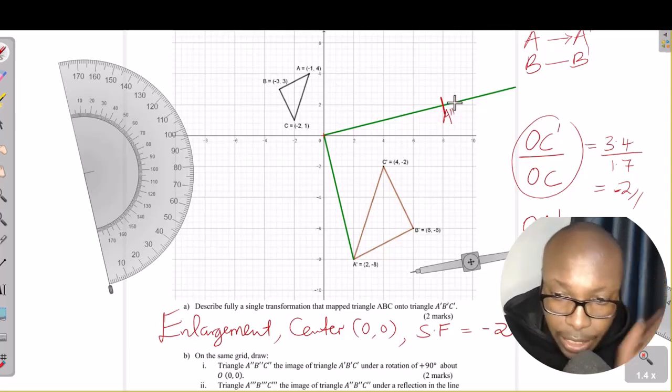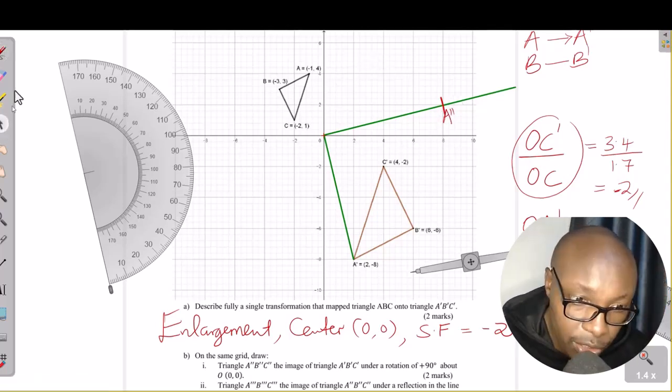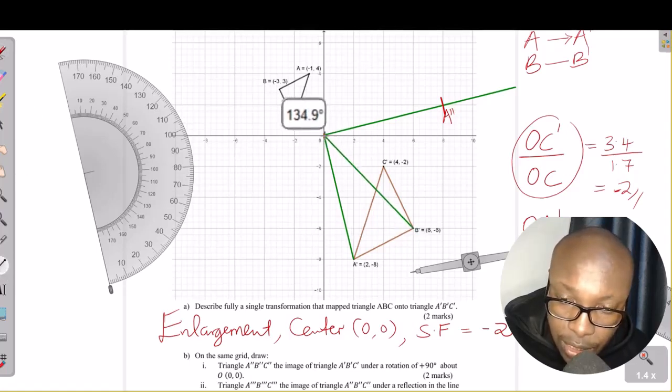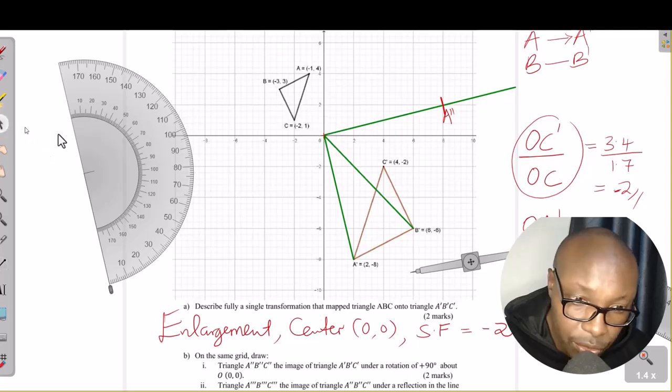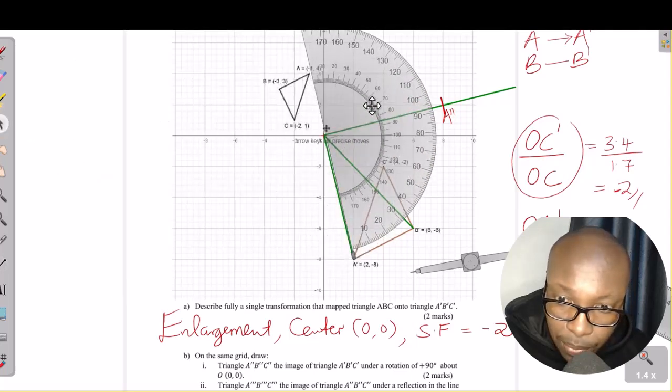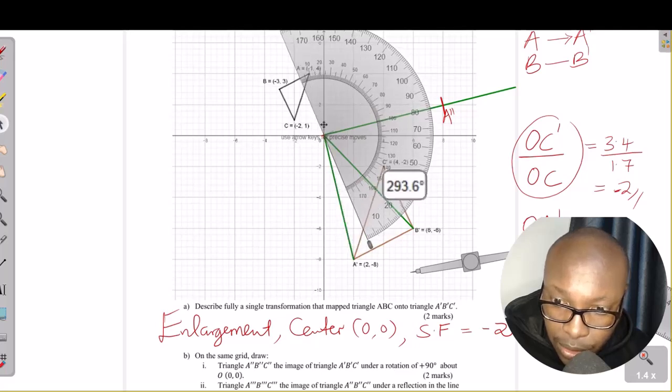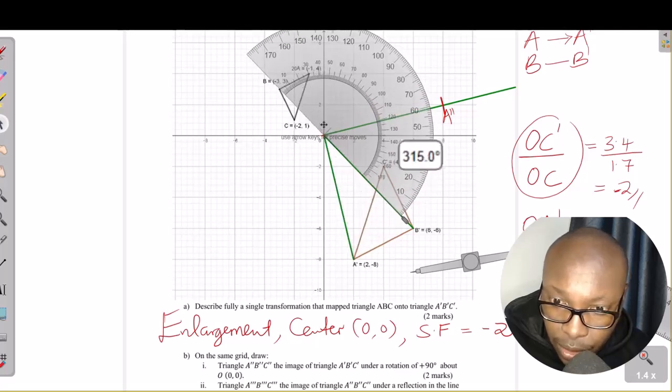Now we go to B. Join B to the origin using a straight line. Then from there you measure 90 degrees. This is how you place your protractor: the central part of the protractor at the origin, placed along that line.